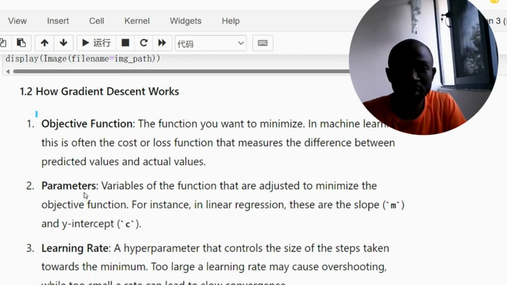These are the variables of the function that are adjusted to minimize the objective function. For instance, in linear regression, these are the slope m and the y-intercept. Those are the two parameters. The m is the slope and the c is the intercept.